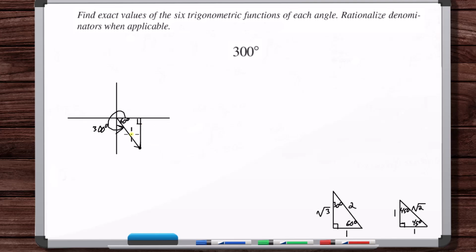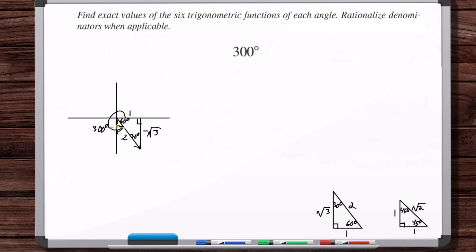Okay, so that means this is 30 degrees, and we could put side lengths 2, 1, root 3, well, no, minus root 3. The 1 is positive, but this is negative. So now we do SOHCAHTOA with this angle.